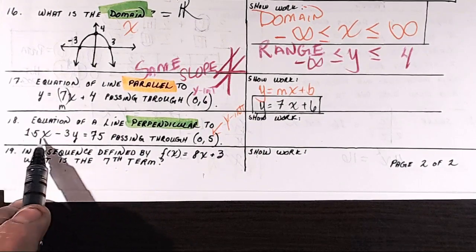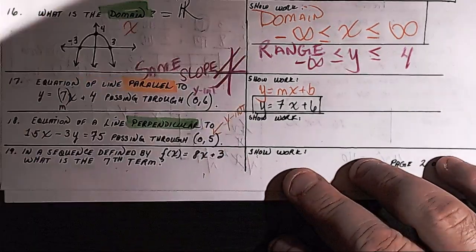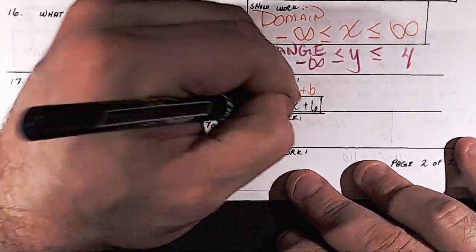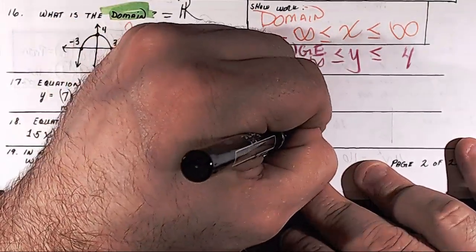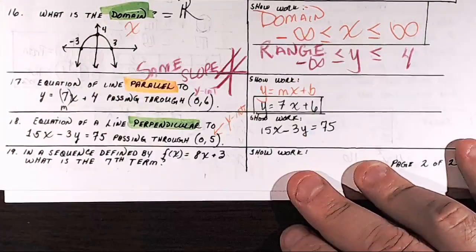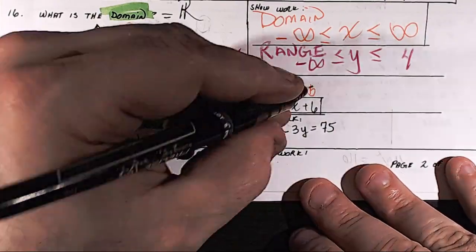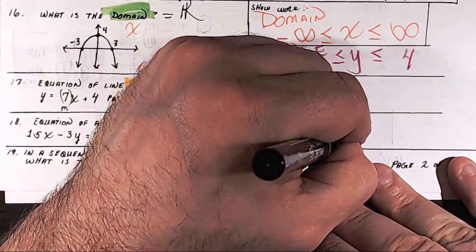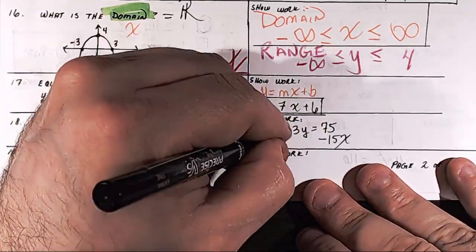So let me just solve for y right here. I got 15x minus 3y equals 75. Okay, so I'll subtract 15x from both sides, right?